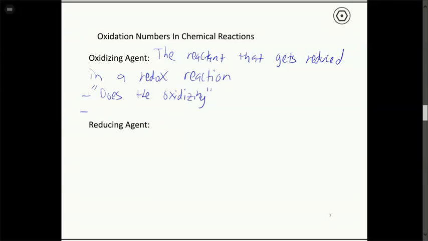And then how do we identify this in a chemical reaction? So what we look at is the oxidation number and how it changes during the reaction. So for the oxidizing agent, the oxidation number will decrease.